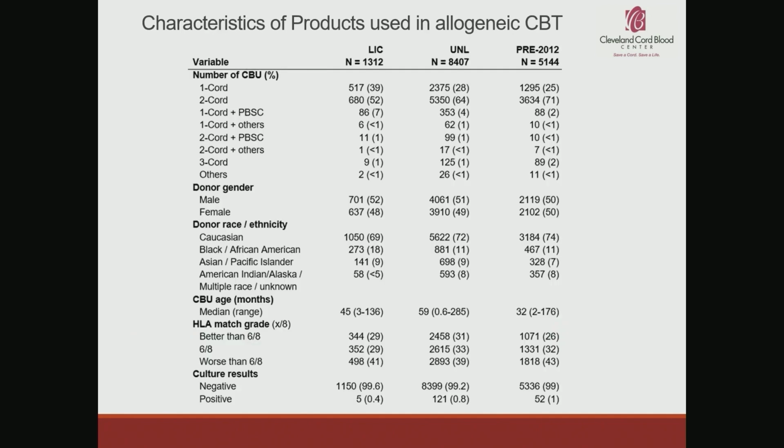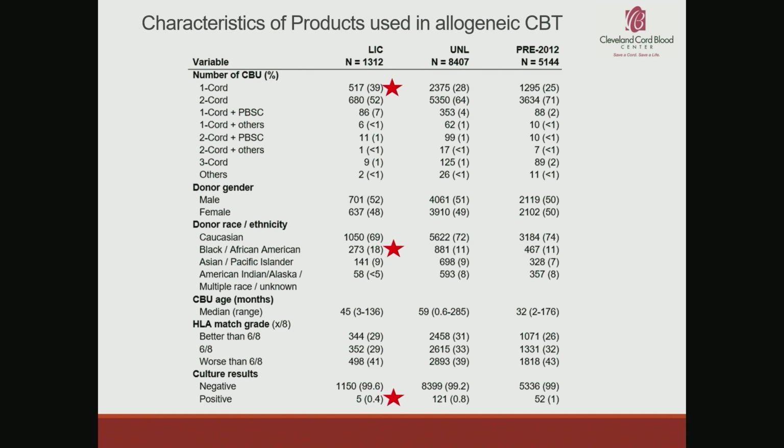This is a busy table, I told you. What you can see here is that there is a high number of licensed units with information available. Just to give you a quick snapshot, there's a trend for higher use of licensed units in single cord transplants.